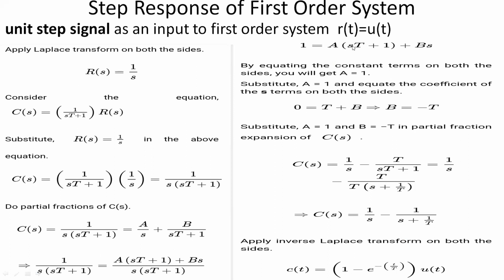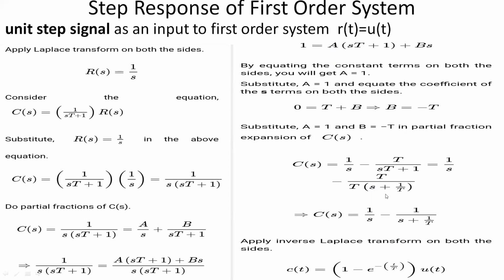On the left side, with A being 1, the coefficient of s is T, plus B. So T plus B is equal to 0, and B is equal to minus T. Substituting A equal to 1 and B equal to minus T in the partial expansion, we get 1 by s minus T by (sT plus 1), which equals 1 by s minus T by T into (s plus 1 by T).